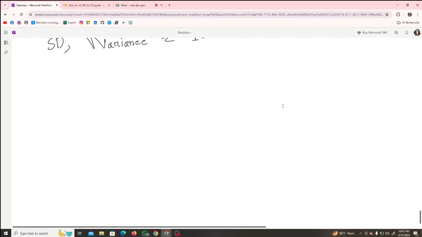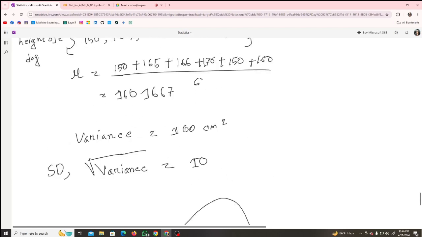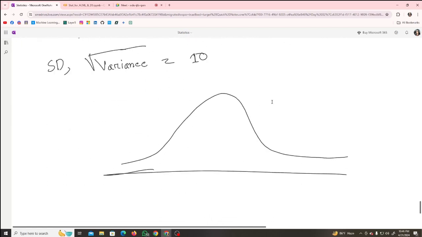Suppose this is your distribution of the height of your dogs, and the mean that we found is 160.66.